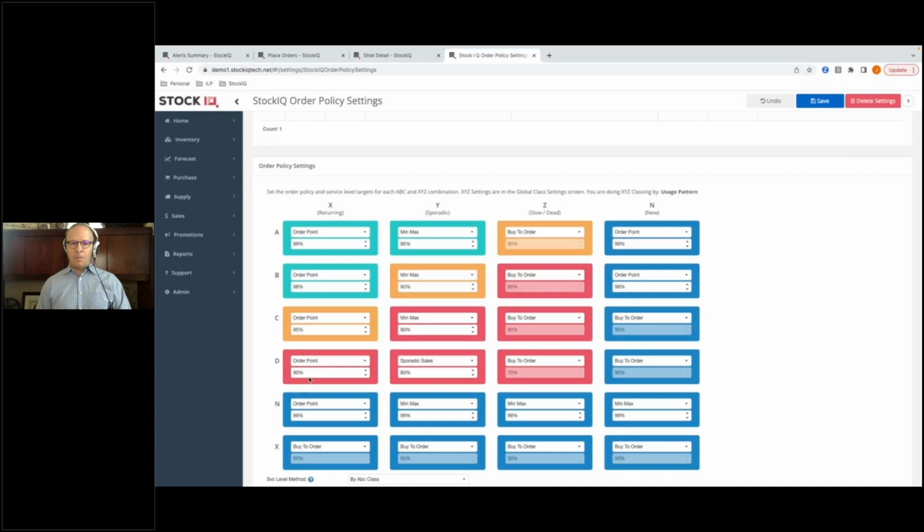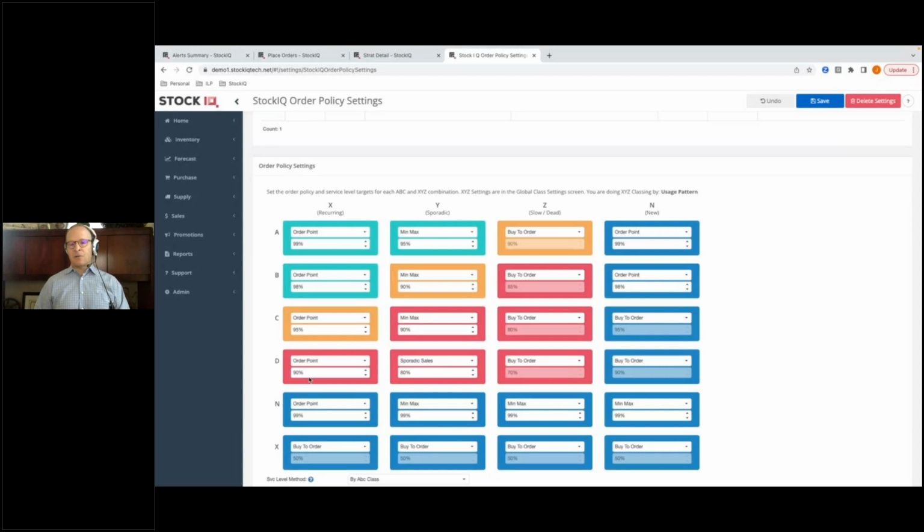Now, what is service level? So service level, think in terms of fill rate. A service level is really a measure of when a customer comes in to purchase product from me, how am I able to fill that? Meaning, do I have that product 98% of the time, 99% of the time, etc. So for instance, when we think about a 99% service level, I can roughly say that I'll be in stock for that item all but once every 2 years.